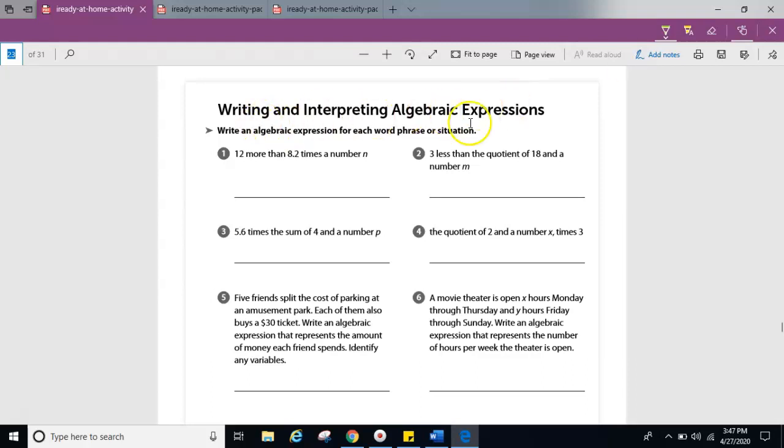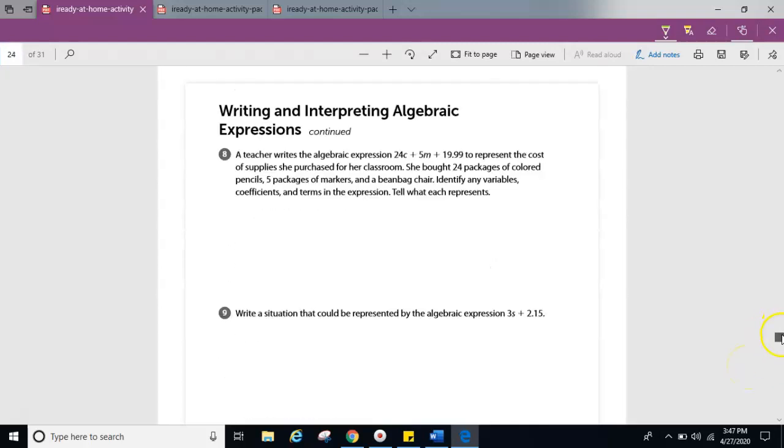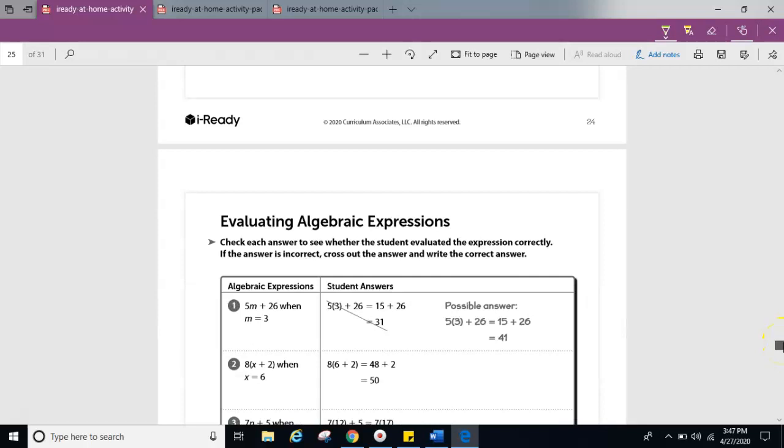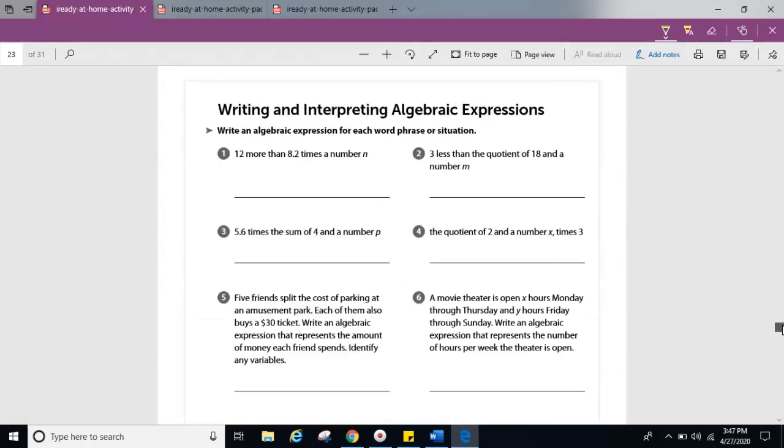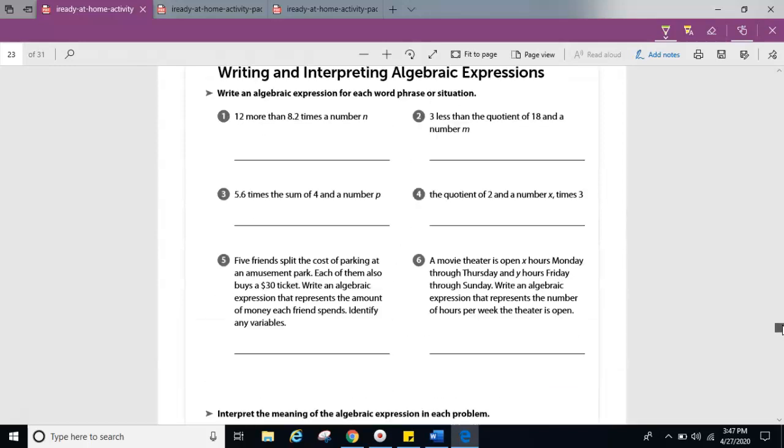You are doing writing and interpreting algebraic expressions, as well as evaluating algebraic expressions. So let's start off by understanding what exactly an algebraic expression is. An algebraic expression is an expression using numbers and variables.